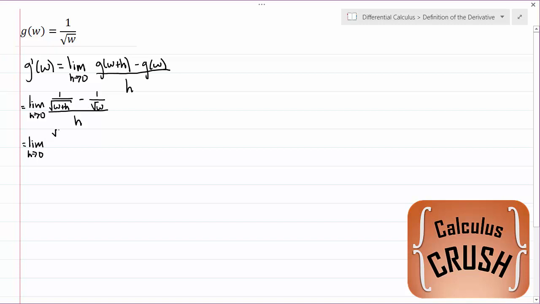So after we do that, we get the square root of w minus the square root of w plus h, all divided by these two guys multiplied together. So that would be the square root of w times the square root of w plus h. And that's all divided by h.